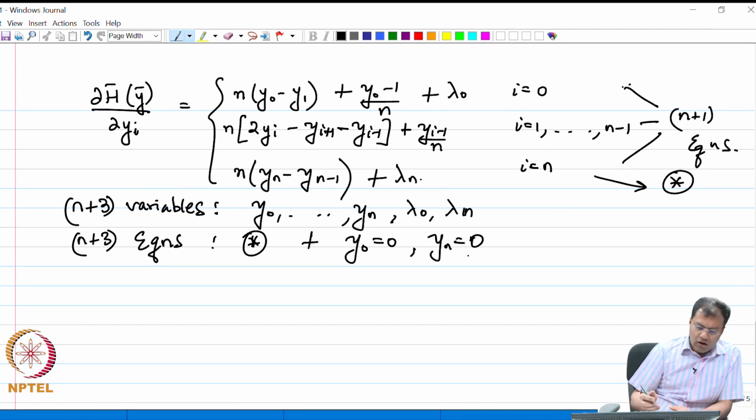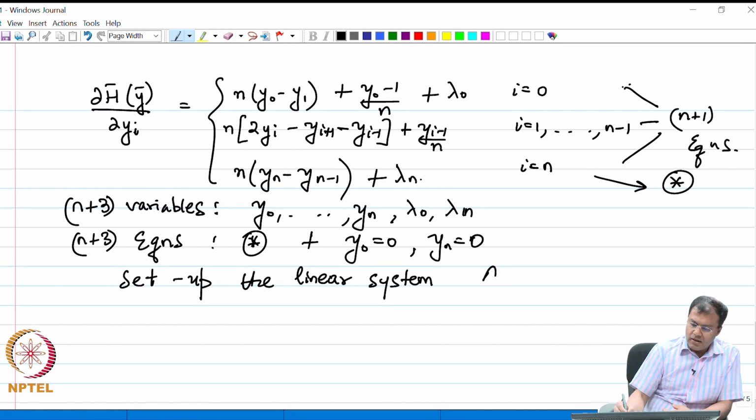Okay. So, then all I have to do is set up the linear system A x equal to b, and we solve for the system that gives us the unknowns y i's, and those y i's are the approximate solution to the extremal, and that is the end of the solution methodology.